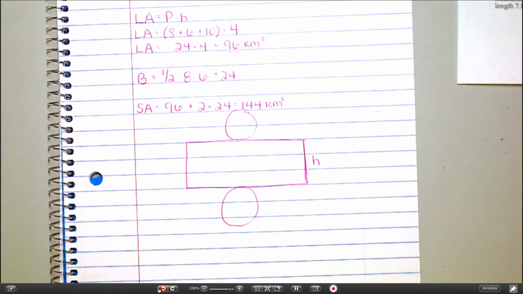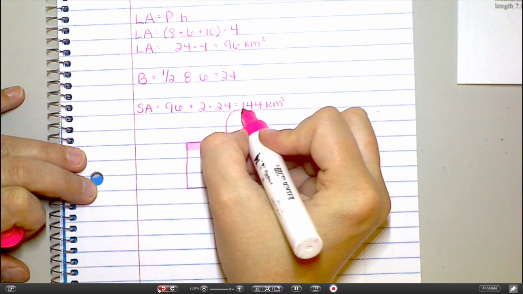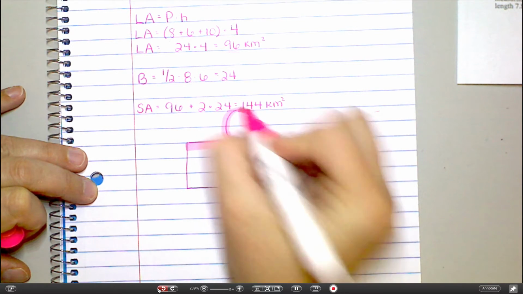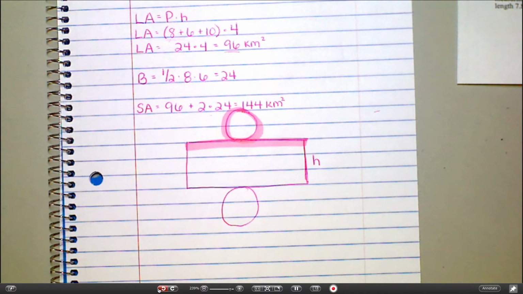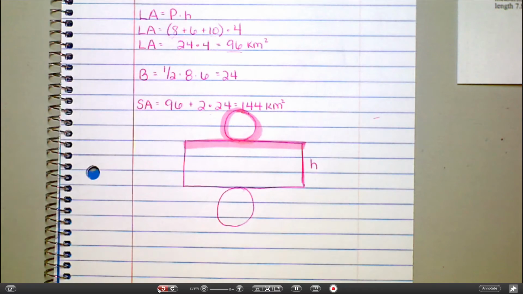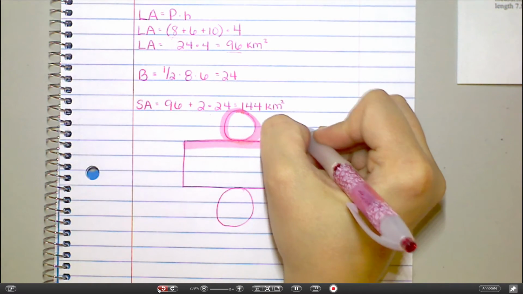Okay, so this length here is really the same as the length around the circle, right? Because that rectangle is going to wrap around the outside of the circle. What do we call that when you go around the outside of the circle? Circumference. So this is really the circumference of the circle.